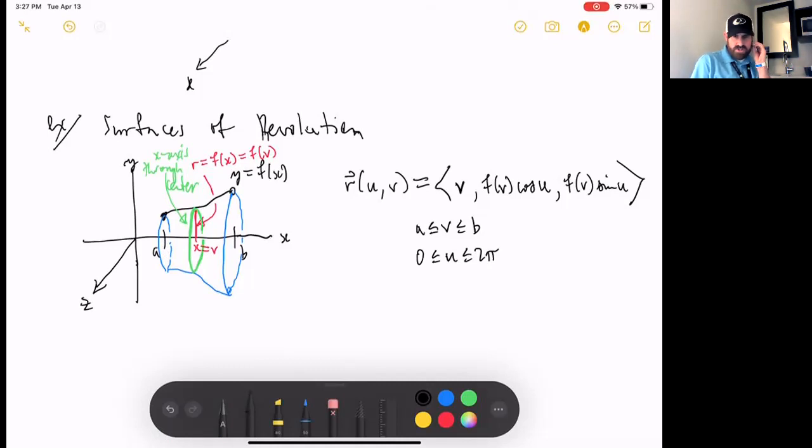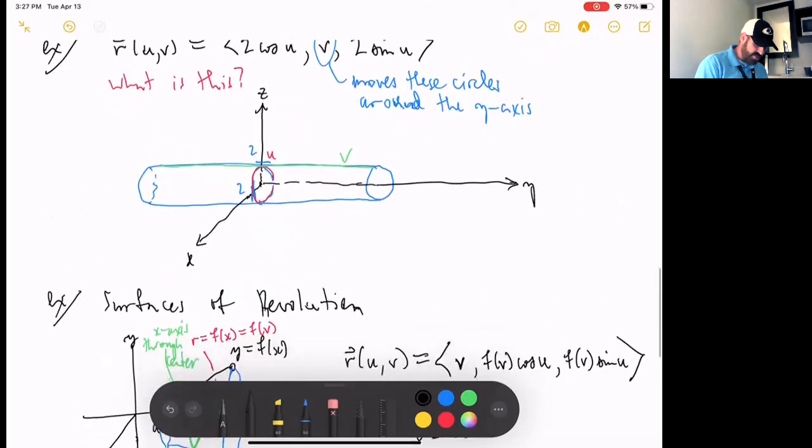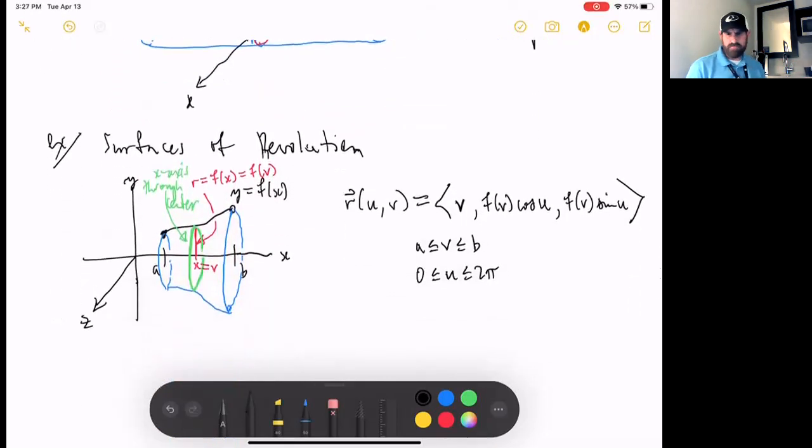You set that equal to one of the parameters. And then you let the other parameter move you around the surface itself on one of those circles. And the radius depends on where you are as you move along the axis. So that's kind of cool. We're able to parametrize that particular thing. And it wasn't all that unlike this example right up here, okay?